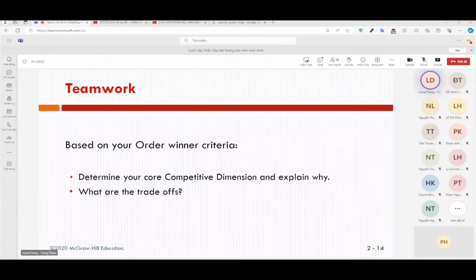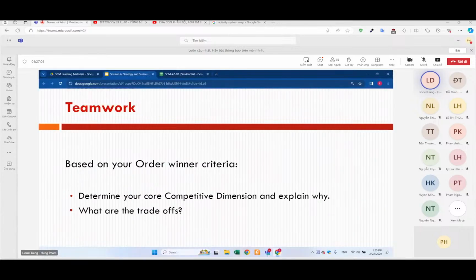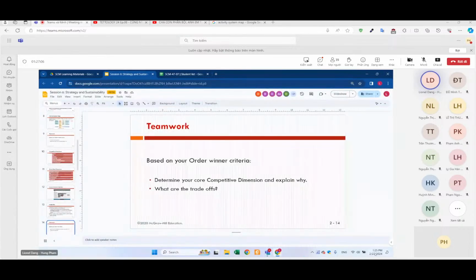It can be one dimension or multiple, and discuss the trade-offs of those competitive dimensions. Okay, so now it's 1:25. Please work on this until 1:35 and then we move back. Okay.